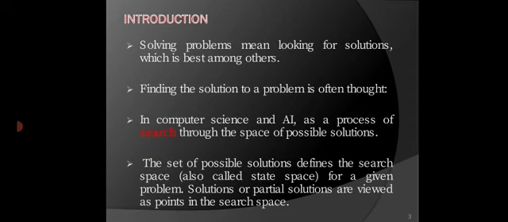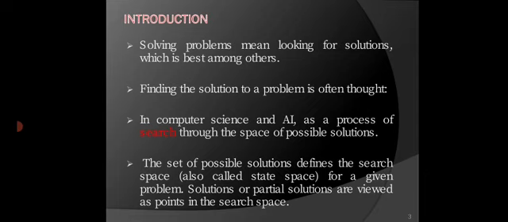Introduction to problem solving. Solving problems means looking for solutions, which is best among the others, right? Finding the solution to a problem is often tough. So in computer science and artificial intelligence it is a process of search through the space of possible solutions.